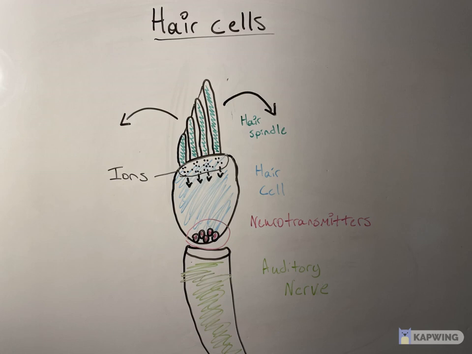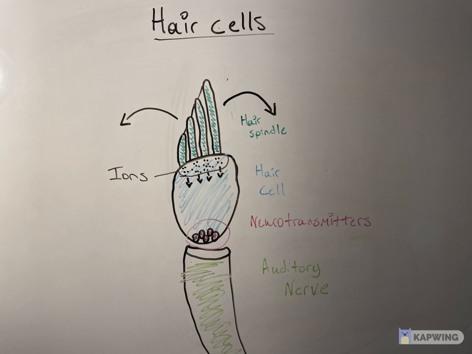Now, these hair cells are very important to this process. As they shift and sway with the vibrations inside the cochlea, they release ions into the hair cell, where they will translate into neurotransmitters that are sent down to the auditory nerve.